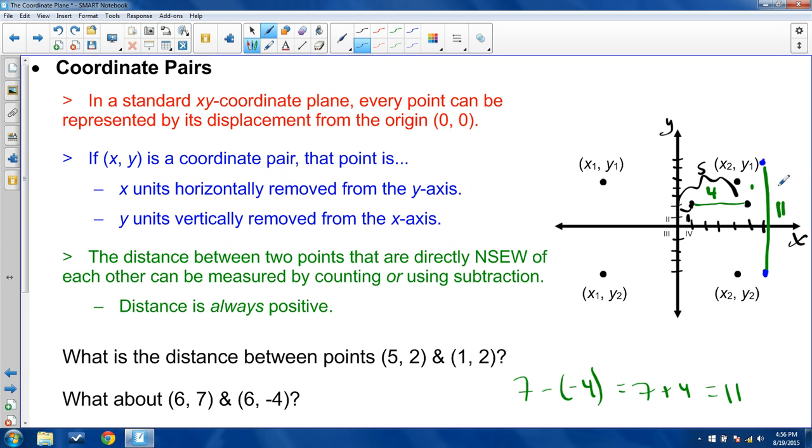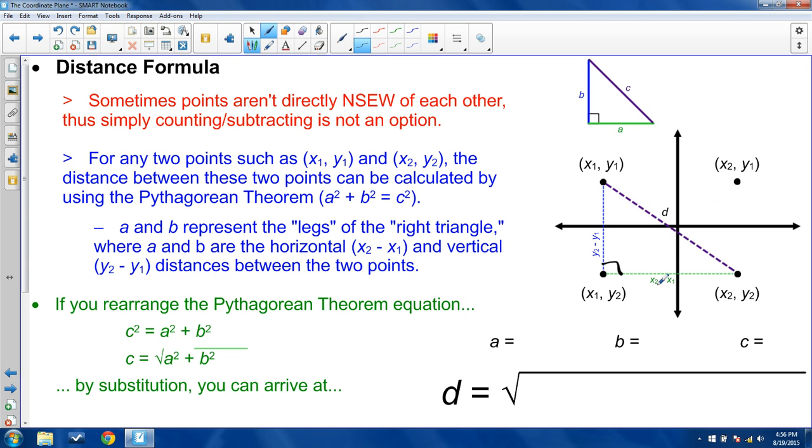And 11 was the distance between 7 and negative 4. Again, it was a subtraction. So I get to do x2 minus x1 to find the value for A. So I can substitute x2 minus x1 for A in the Pythagorean theorem. And B represents y2 minus y1 for the same reason.